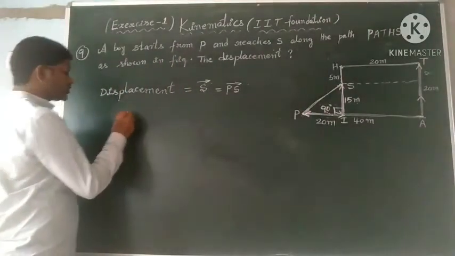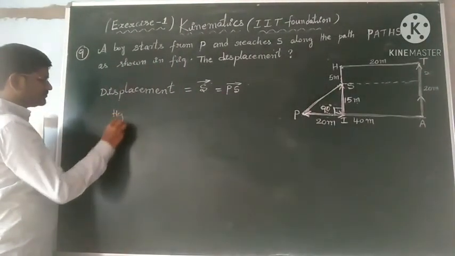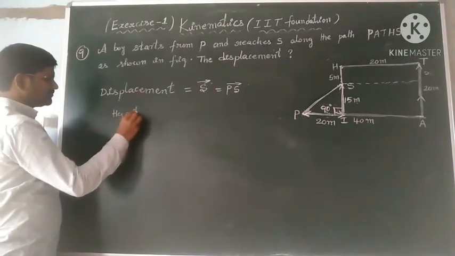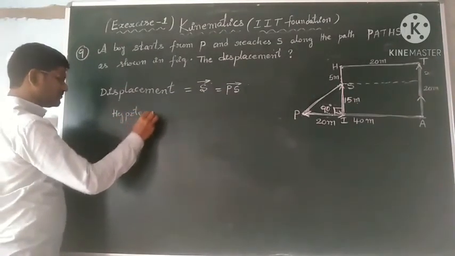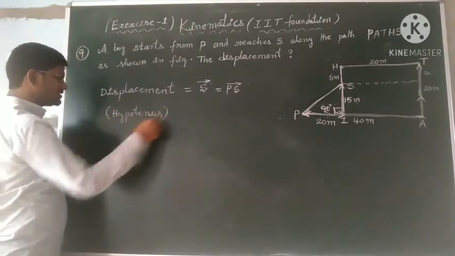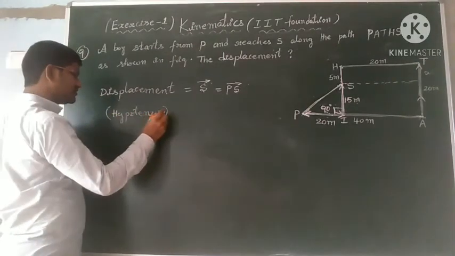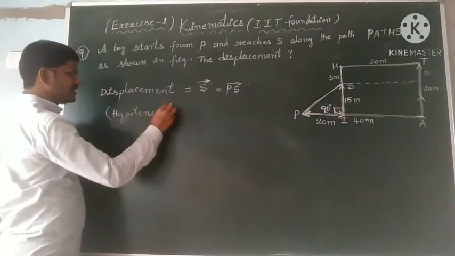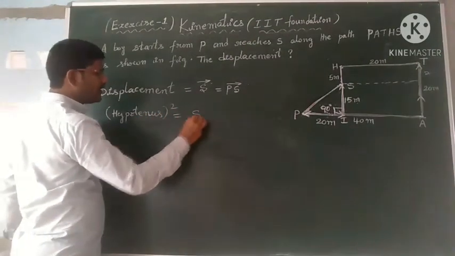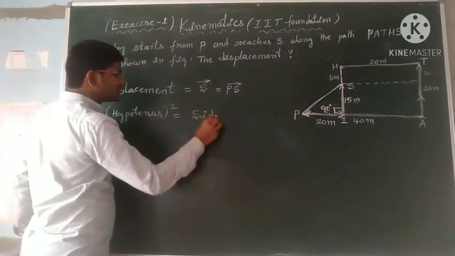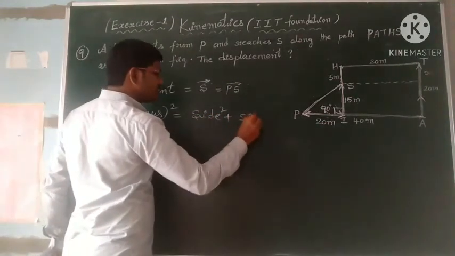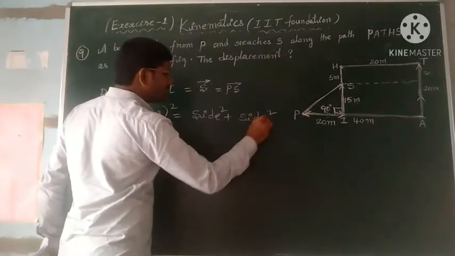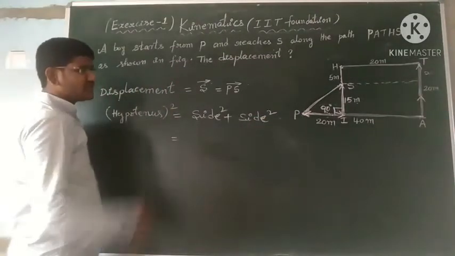So hypotenuse square equals what do you write, children? Side square plus side square.